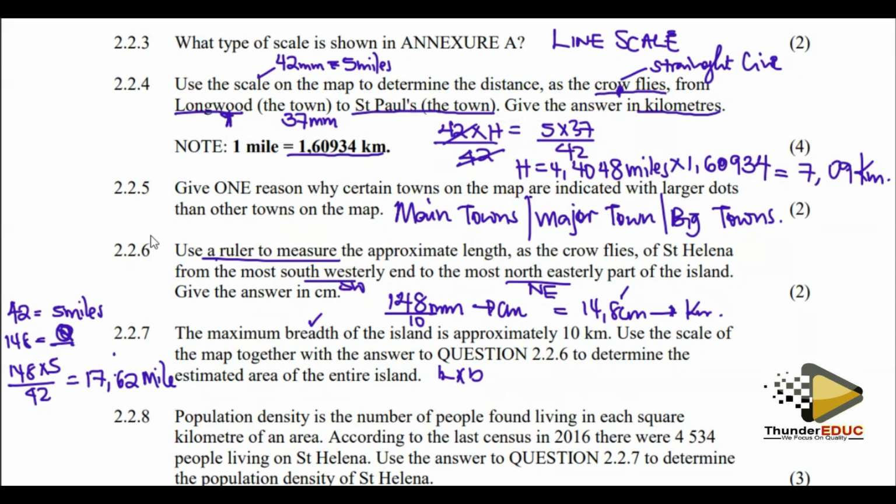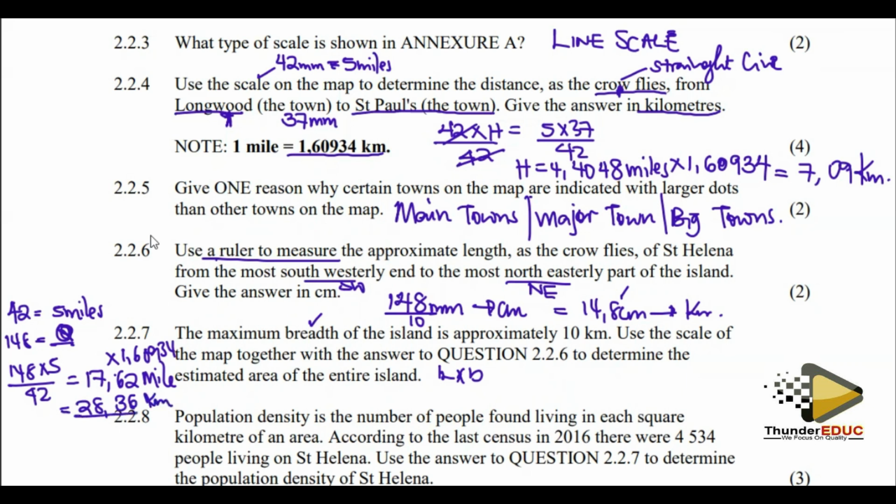I'll multiply them with 1,60934, which becomes 28, these are kilometers.